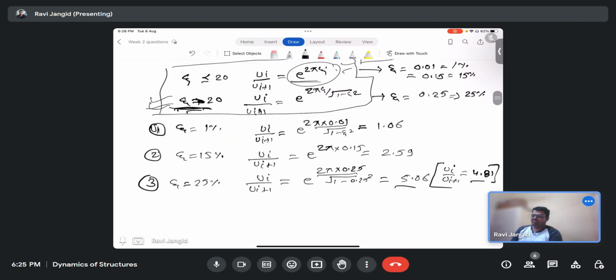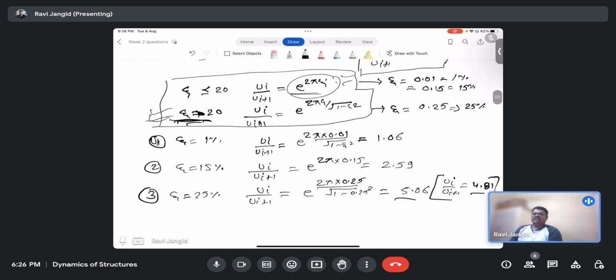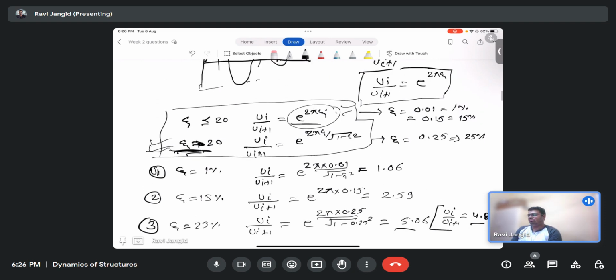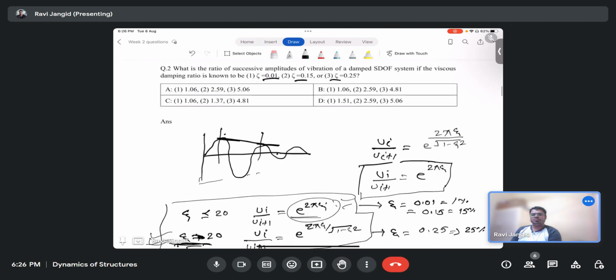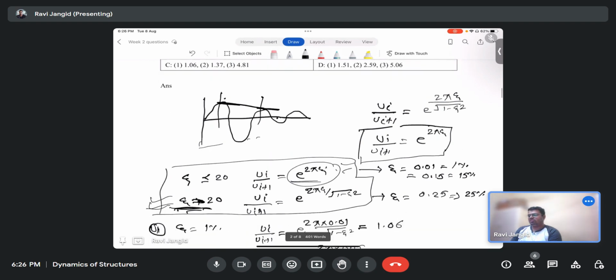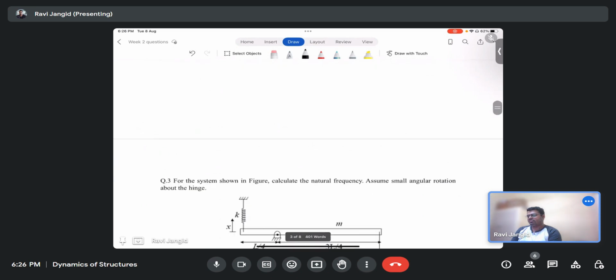So be careful when using these formulas. Okay, is there any doubt in question 2? If not, let us move to question 3.